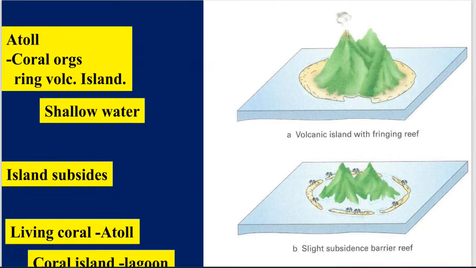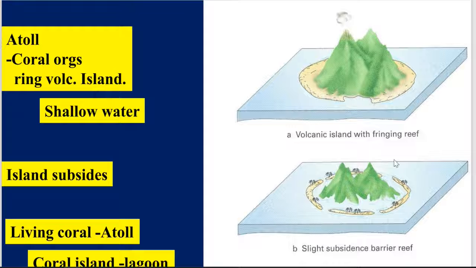An atoll is a coral, essentially. It's a ring-like volcanic island, and it's surrounded by shallow water. The islands basically were formed when they were forming.